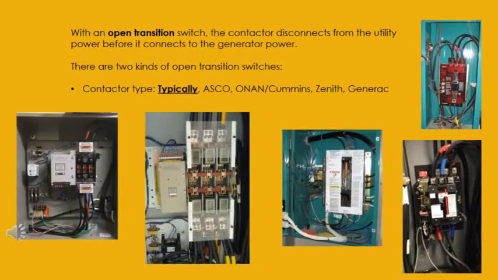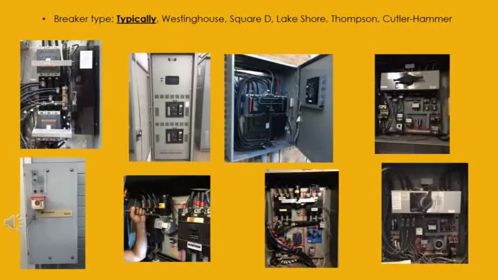With an open transition switch, the contactor disconnects from the utility power before it connects to the generator power. There are two kinds of open transition switches. Contactor type, typically that would be ASCO, Onan, Cummins, Zenith, or Generac. Breaker type, typically that would be Westinghouse, Square D, Lakeshore, Thomson, or Cutler Hammer.